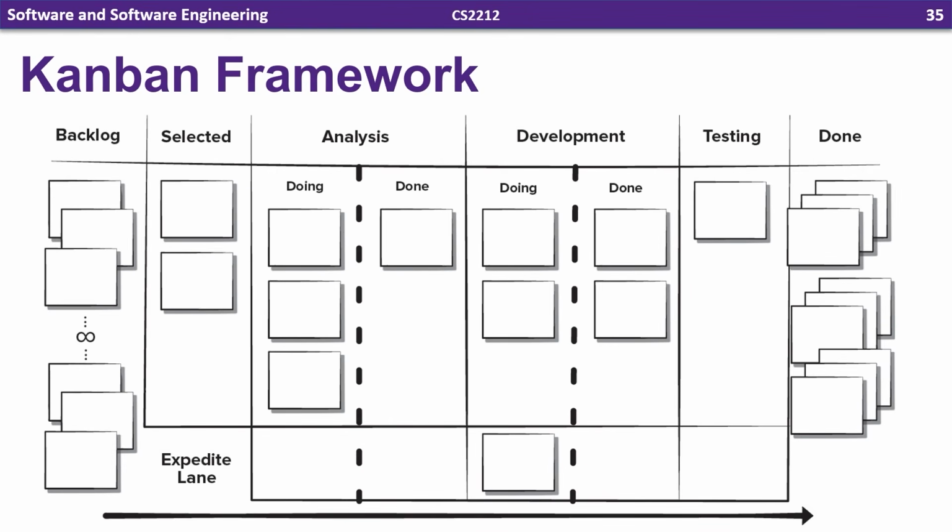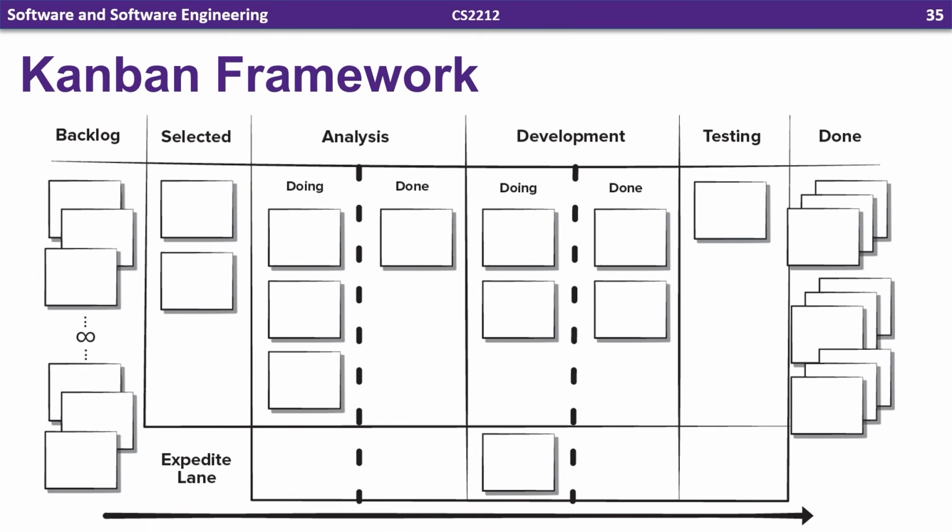A Kanban board is a visual representation of the tasks that need to be completed. The squares here each represent a task, and generally they move from left to right in the board as they're completed. They might start off on the left in the backlog, and then once they're selected for work, maybe in the next sprint, they're moved to selected, and when they're in the analysis phase, they're put in the analysis box.